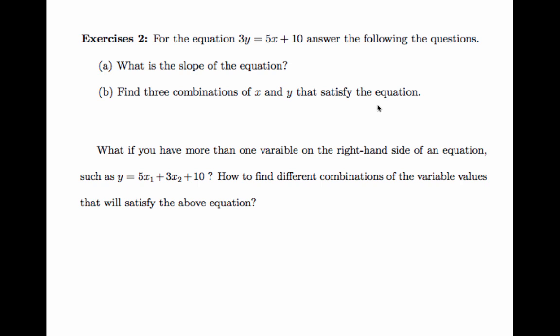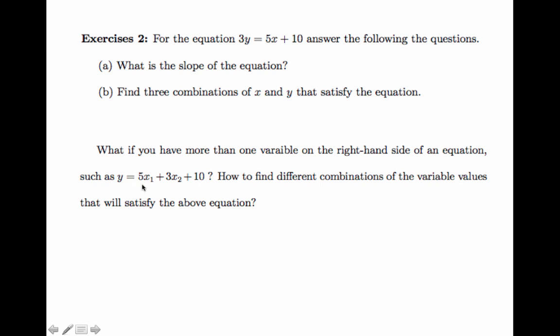Another thing I would like to discuss in this context is how different variables on the right hand side affect the value of y differently. In this equation we have two right hand side variables, x1 and x2. Notice that they affect the value of y differently.